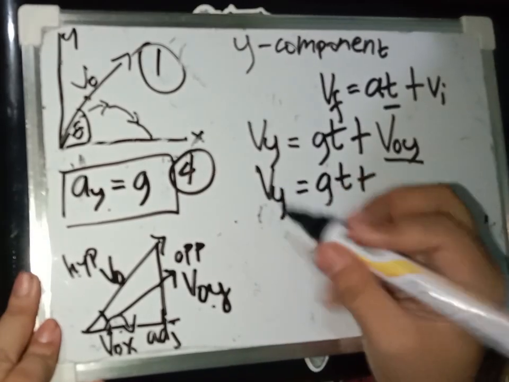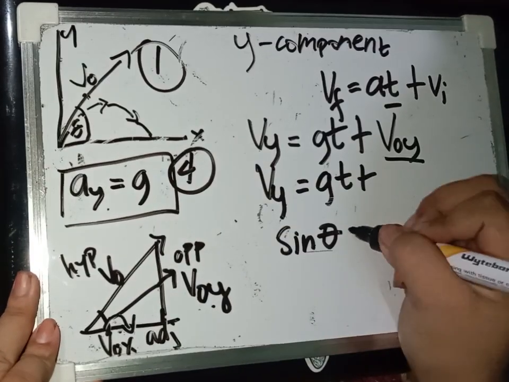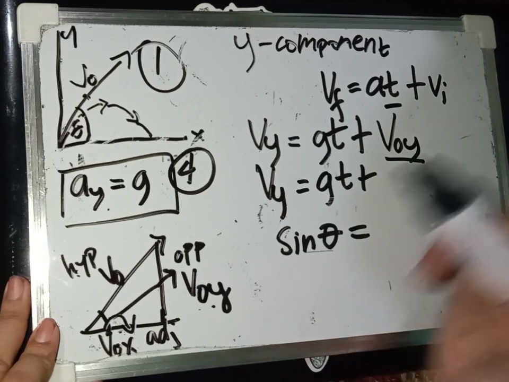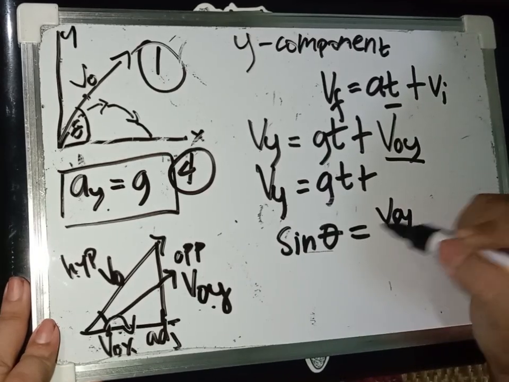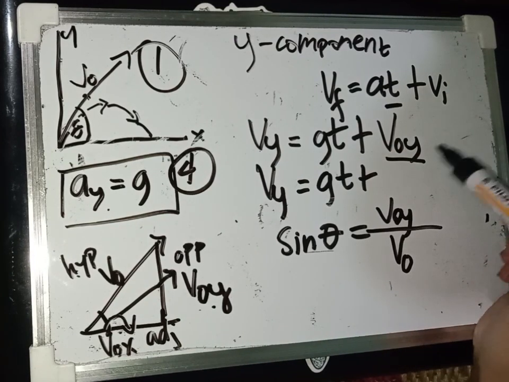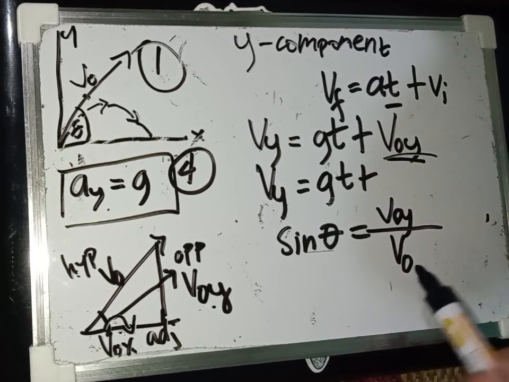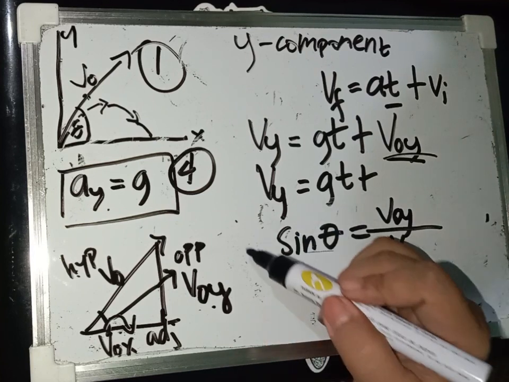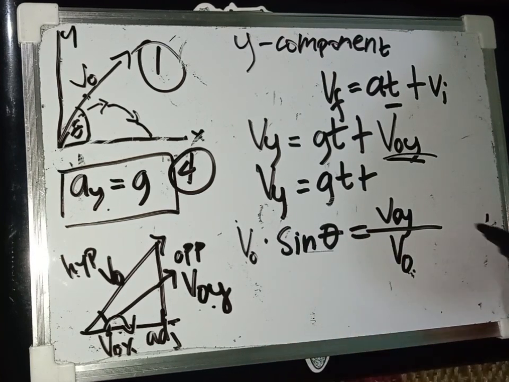Again, sine theta is equivalent to opposite, which is v naught of y, over the hypotenuse, which is v naught. We are just looking for the value of the v naught of y here. So we have to eliminate this v naught. And for us to eliminate this, we multiply both sides by v naught, the initial velocity, and cancel.